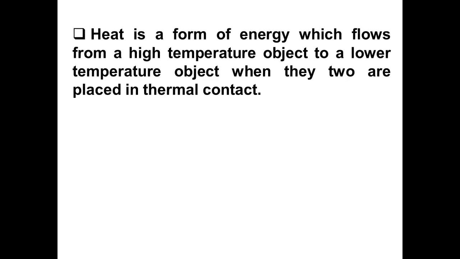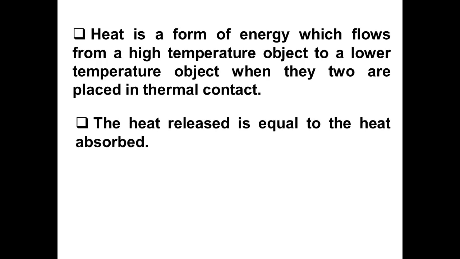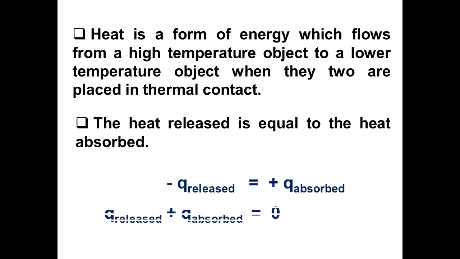Okay, the concept of heat transfer. Heat is a form of energy which flows from a high temperature object to a lower temperature object when they are placed in thermal contact. That means the heat released is equal to the heat absorbed. So heat released plus heat absorbed equals 0.